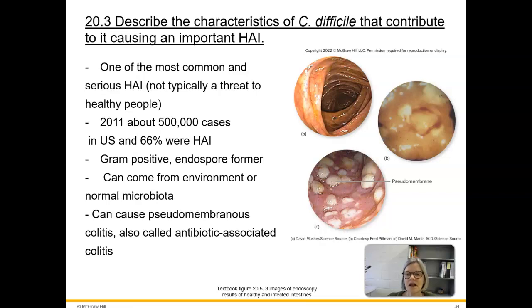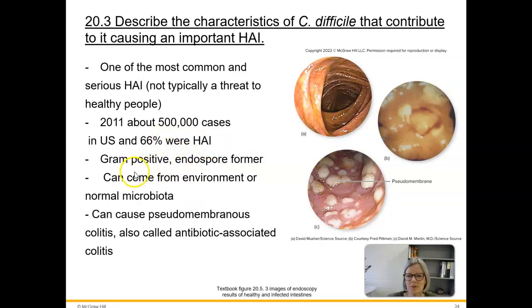It says in 2011, about 500,000 cases were in the US and about 66% of them were hospital or healthcare acquired, healthcare associated. And so this is much more common in healthcare situations. It doesn't mean other people can't get it, but it's just much more common in healthcare situations.